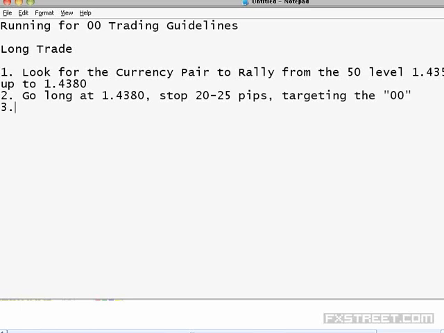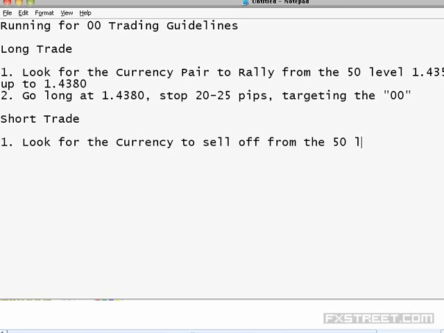And then for the short trade, it would be the reverse, which is you want to look for the currency to sell off from the 50 level. So let's say 143.50 example. And basically you want to short at 143.20 in this case.